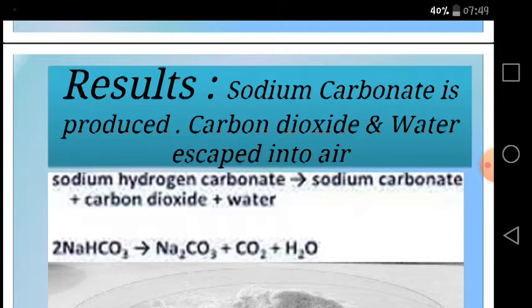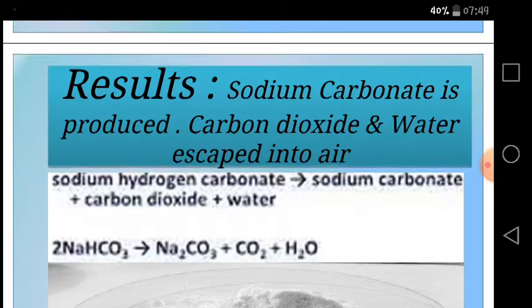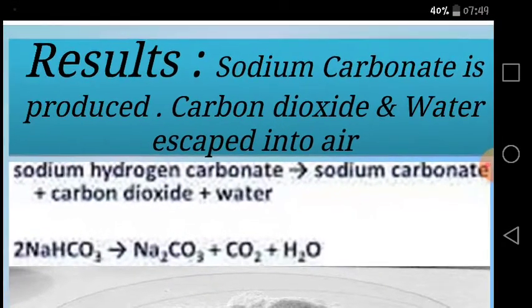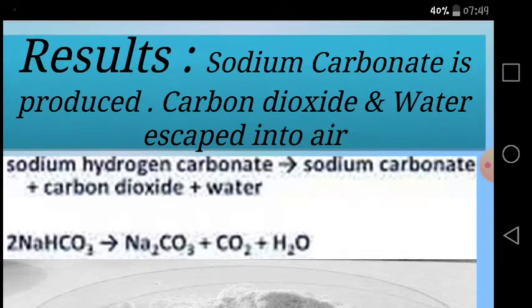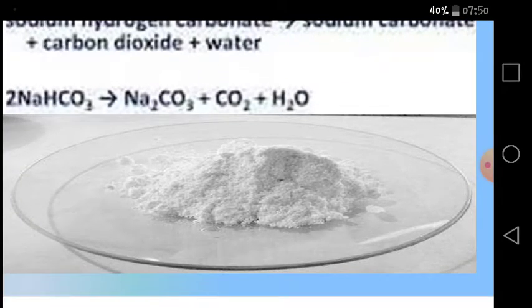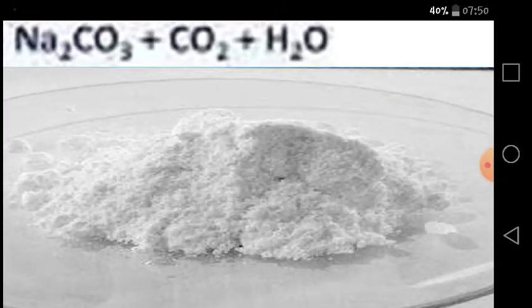What is left? Sodium carbonate is left. You can see from this equation, the sodium hydrogen carbonate is converted into sodium carbonate plus carbon dioxide and water. And this is the picture of sodium carbonate, you can see.